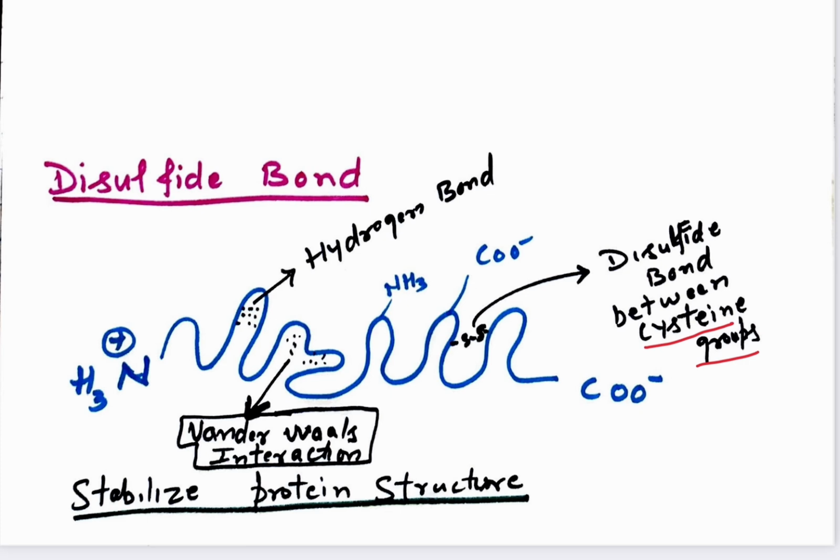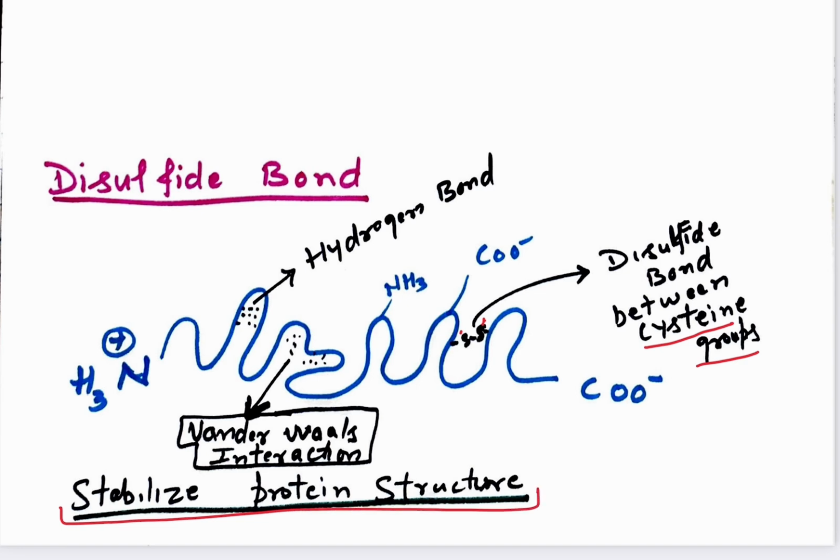So there's one sulfur right here and one sulfur right here. The two sulfurs join together and make a disulfide bond. And the disulfide bond is very important for the stability of the protein structure.